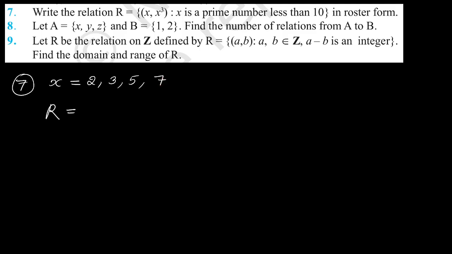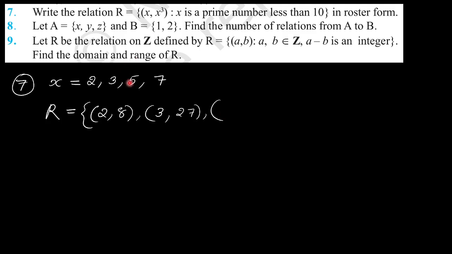The relation contains ordered pairs (x, x cube). If x equals 2, it will be 2 cube, which is 8. The next possible value of x is 3. If x equals 3, it will be 3 cube, 27.